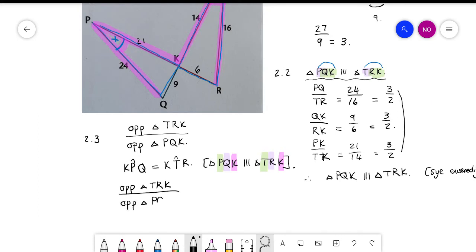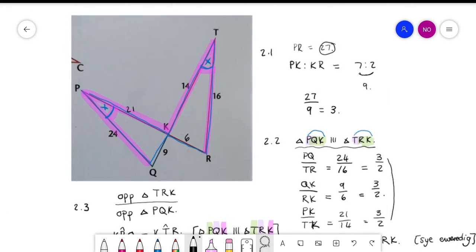driehoek PQK is equal to, of, now I'm in this triangle, eh? You have to use the 14 and the 16.